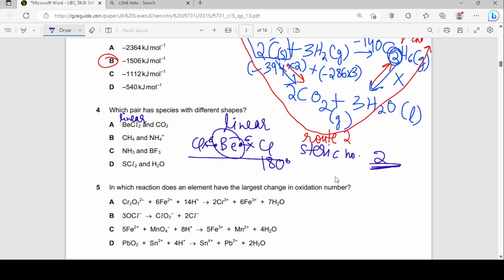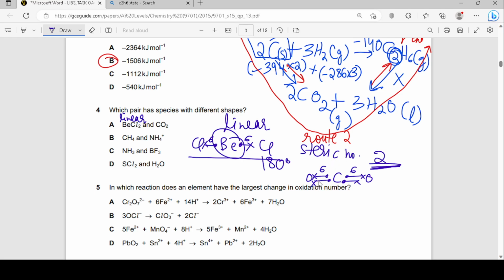Anyway, CO2: O, C, O, and then there's a double bond here and a double bond there. Carbon has 4 electrons in its valence shell, right? So there are no lone pairs on carbon, and there are 2 sigma bonds. Because if it's a double bond, there will be 1 sigma bond and 1 pi bond. If there's a triple bond, there will be 1 sigma bond and 2 pi bonds, right?